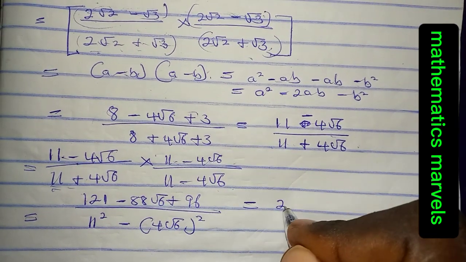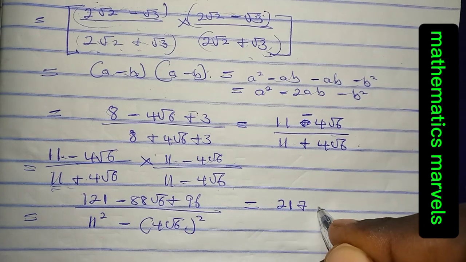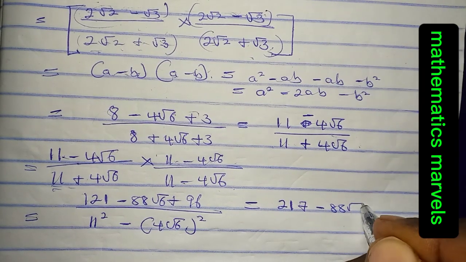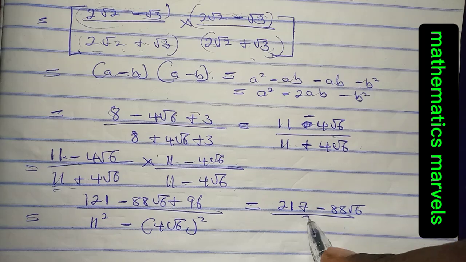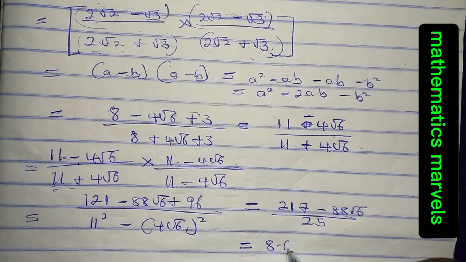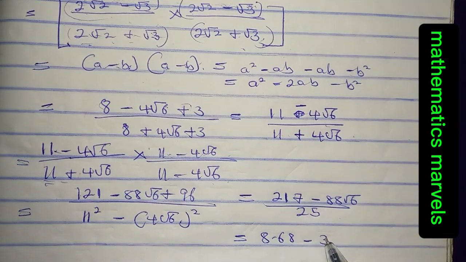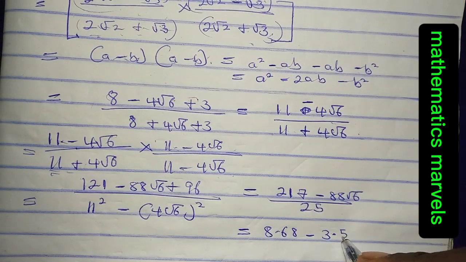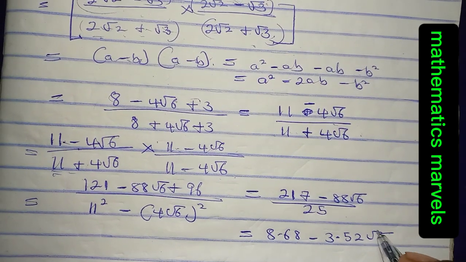So we have 217 minus 88 root 6 over 25. Dividing by 25, we have 8.68 minus 3.52 root 6. They said we should leave our answer in this form.